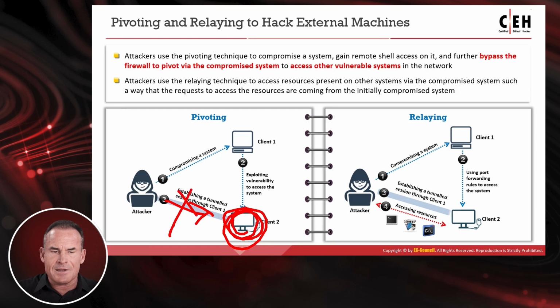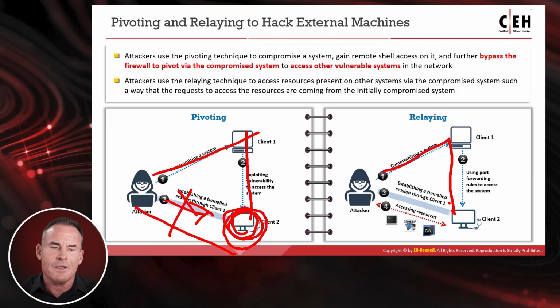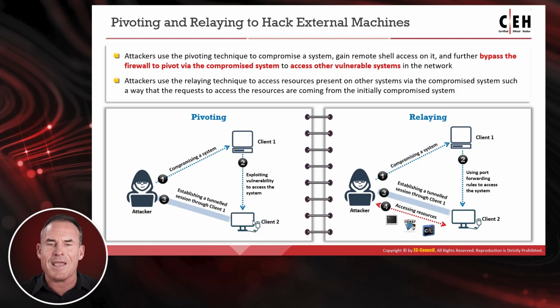But I can get to client 1, and then I can advance to client 2, and then I establish a reverse connection back to the attacker. That's pivoting. Same thing with relaying, but in relaying, you're using port forwarding rules to access the system, and again, you're kind of relaying the attack through it. Any way you slice it, it's like playing Hacker Frogger, moving from turtle shell to turtle shell, advancing on your target.